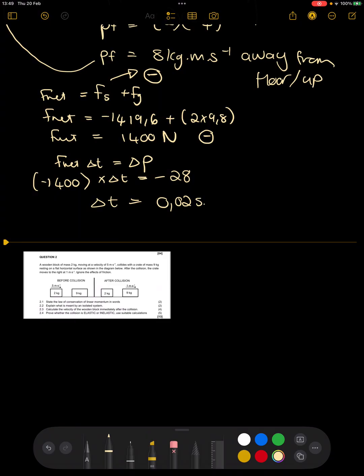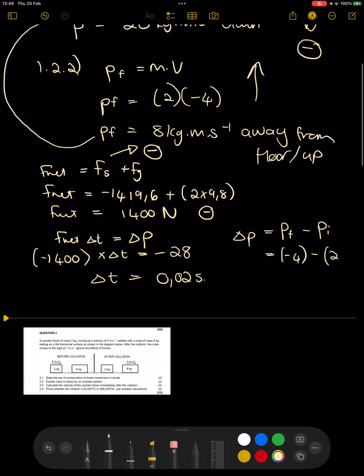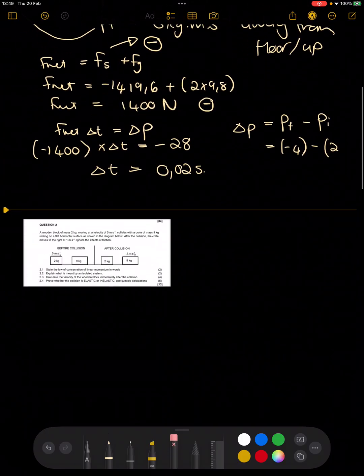So you'll see that my change in momentum was equal to my momentum final minus my momentum initial. So my final momentum was negative 8. Sorry, my apologies.